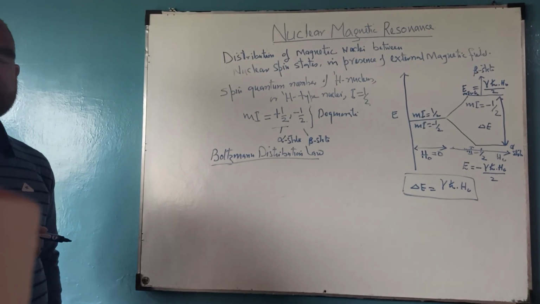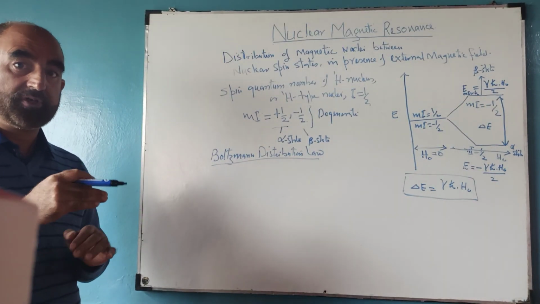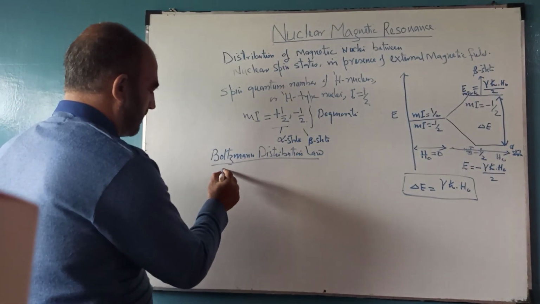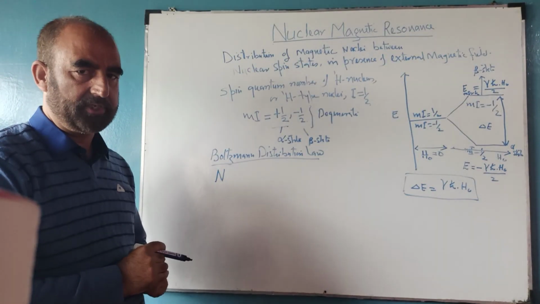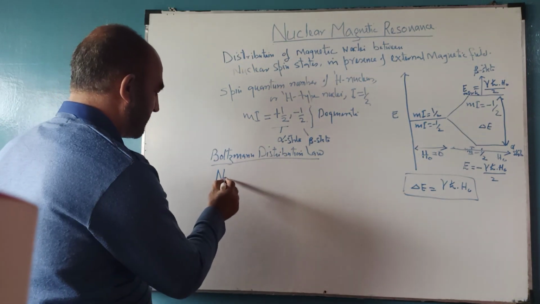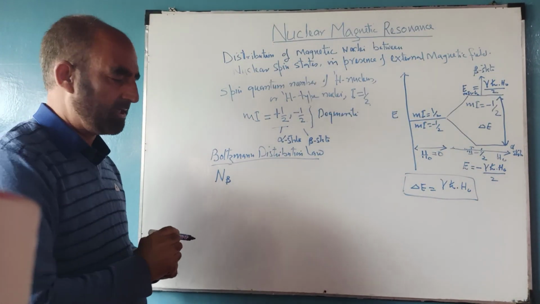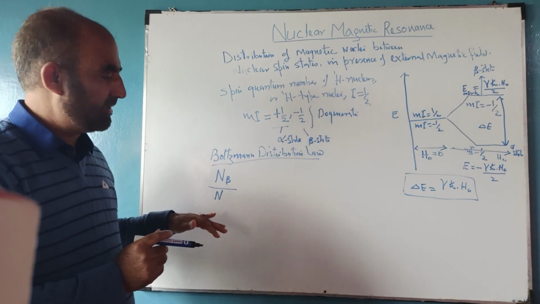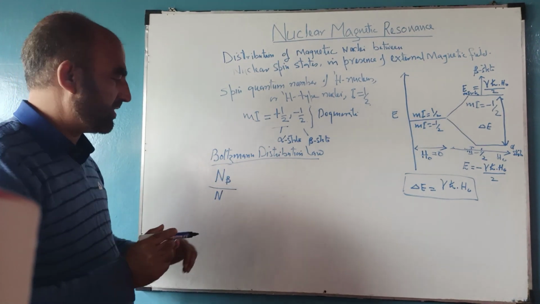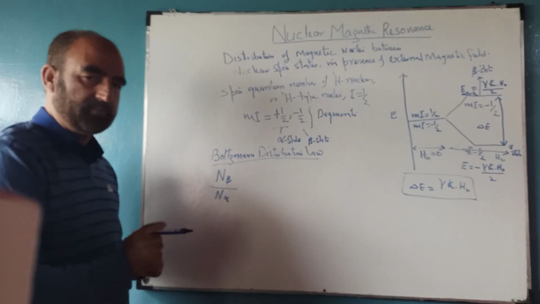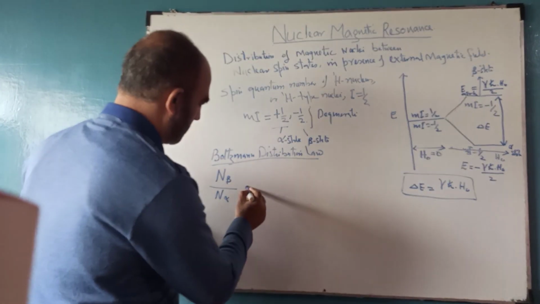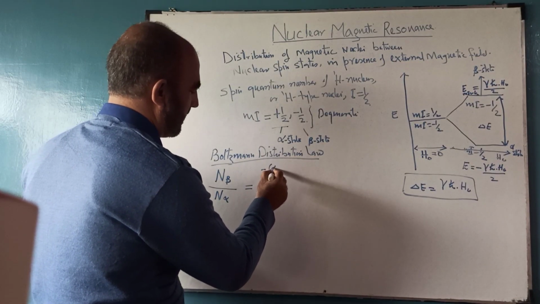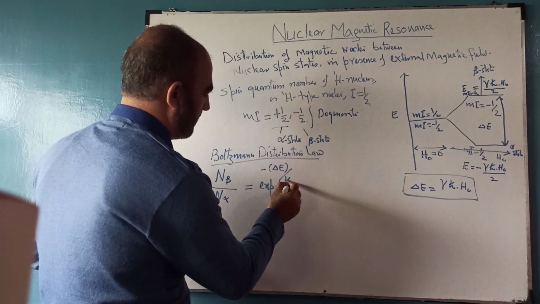So this is the law which gives us the distribution of particles in two different energy states having different energies, and that law will be that the number of magnetic nuclei occupying the beta state, that is the excited, higher energy state, to the number of protons having the energy corresponding to alpha state, that relative population of the two states, will be given by exponential minus delta E by kT.